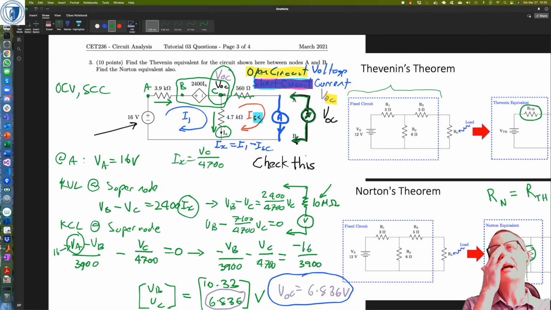It's going back up through the 4700 ohm resistor instead of down. So that means I1 minus ISC is the current flowing through that resistor, so that's just IX. Does that help? Yes, thank you very much. You're welcome.